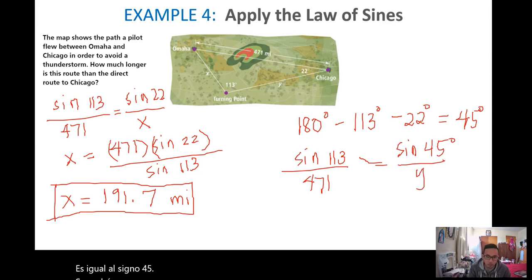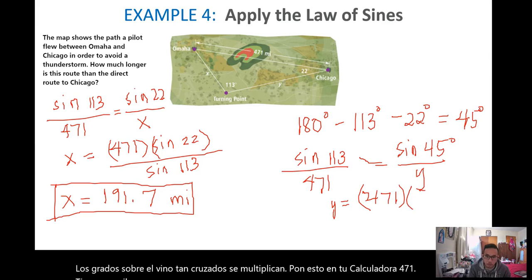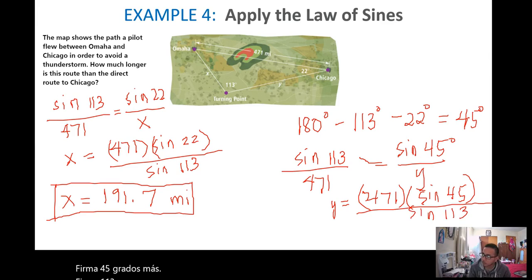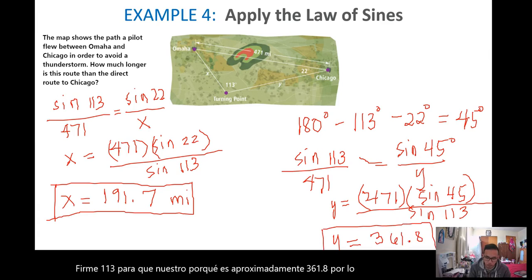So cross multiply, put this in your calculator, 471 times sine 45 degrees over sine 113. So our y is approximately 361.8. So you put that again in your calculator.